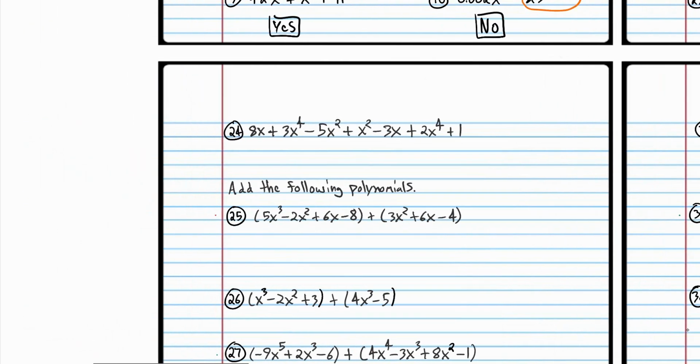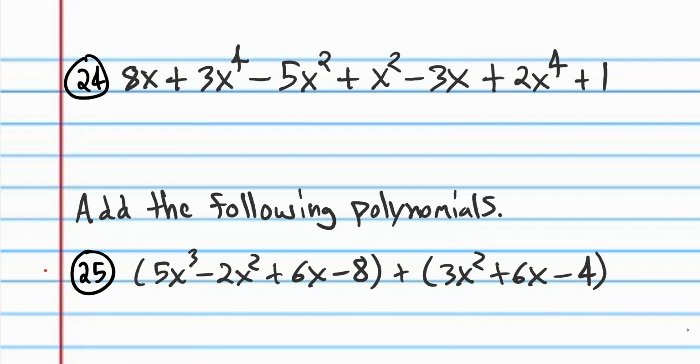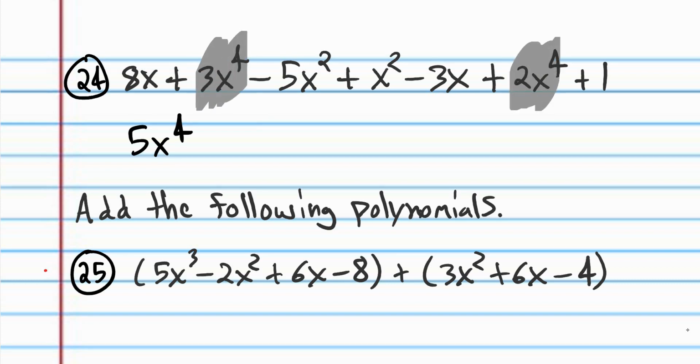Go ahead and try 24. When you come back, we'll do it together. All right, we're back. We're going to combine the 3x to the 4th terms. 3 plus 2 is 5. We can shade those. We've already combined those. And negative 5x squared plus x squared is negative 4x squared.